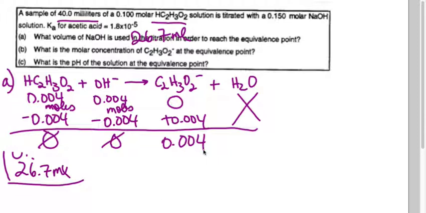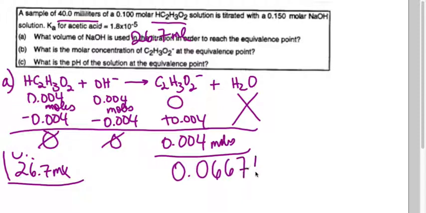This is what unit on 0.004? Moles. So how do I find the molar concentration? What liters? The total. So we have 40 plus 26.7, so it's 0.0667 liters.